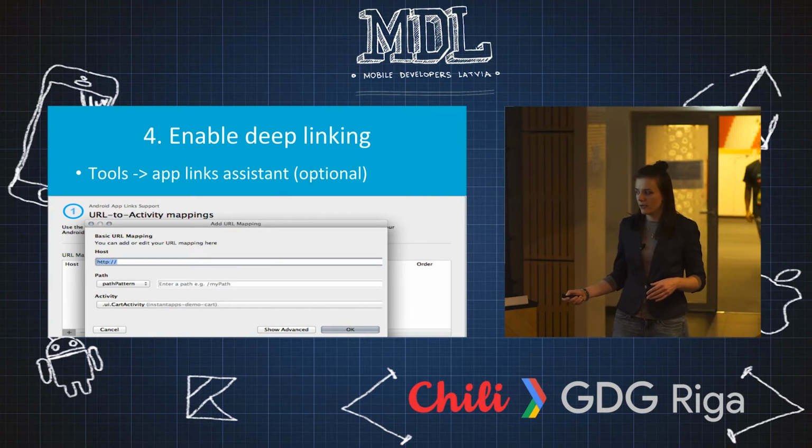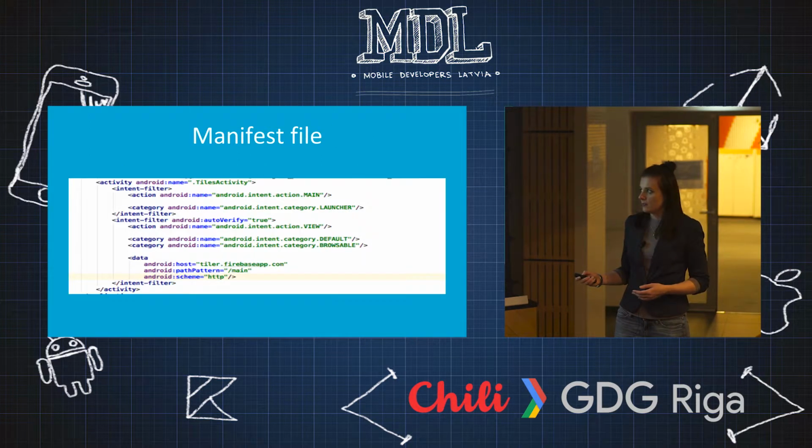This is a different screenshot, but I only had one activity, so I had to provide just one URL for this test, and that's it.